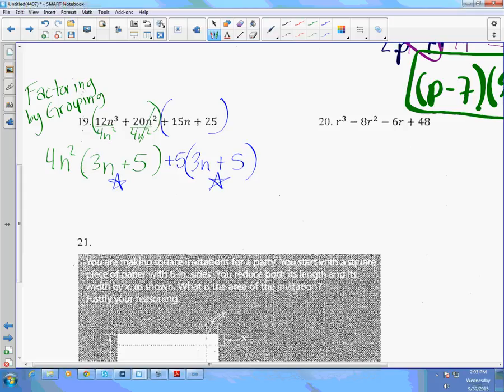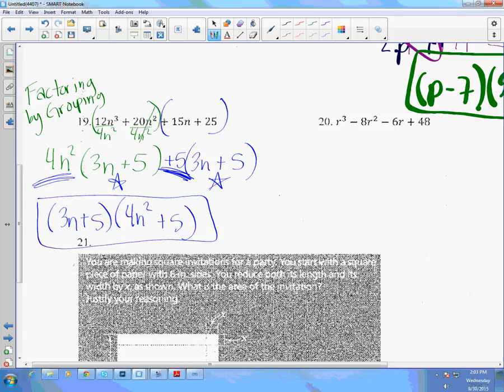So they have something in common after all. We're going to factor out the 3n plus 5 and write what's remaining. If I take the 3n plus 5 off, what does it leave behind right here? 4n squared. Plus 5, where essentially the greatest common factors are one of your binomials, and the matching is the other binomial.